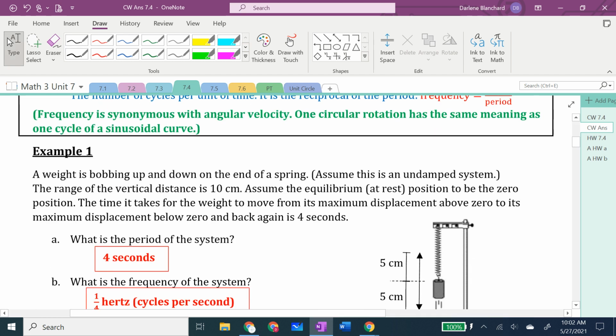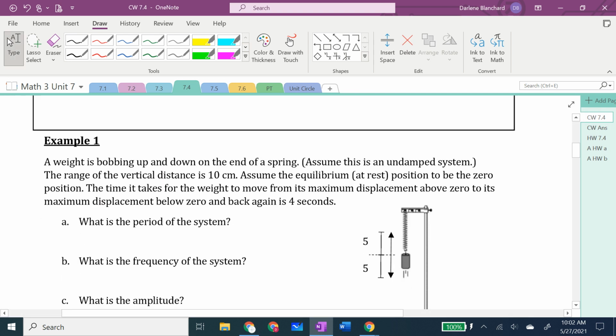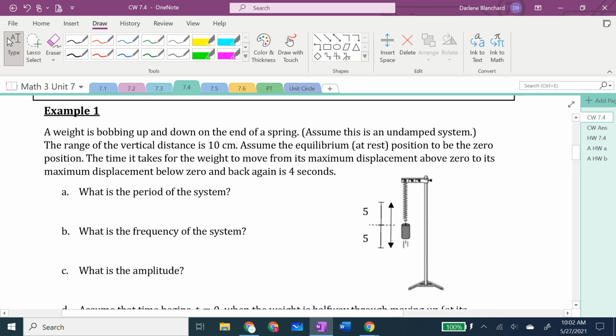All right, now, go back over here to example 1. Let's first understand what this problem is saying. We have a weight bobbing up and down on the end of a spring, and we're assuming this is an undamped system, which basically means that we're not going to lose any of that pull by gravity.